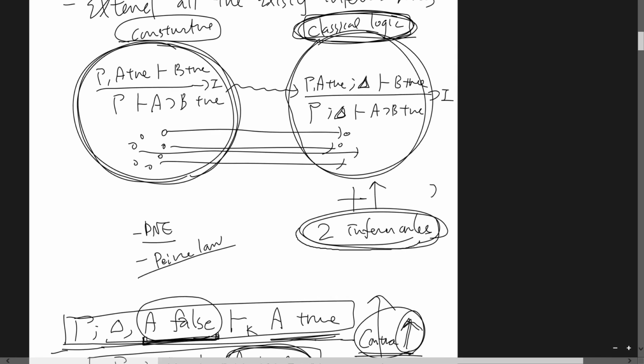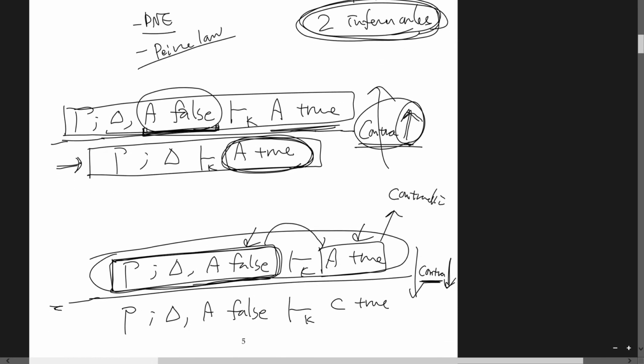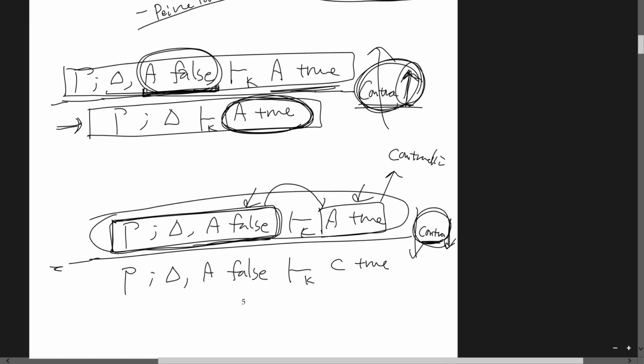And then we add two inference rules, contra up arrow rule and contra down arrow rule. Contra up rule says that when you'd like to prove A true, you are permitted to assume A is false. And the second rule, contra down rule, says whenever you have both A false and A true, you have shown the contradiction, so you can prove anything for free.